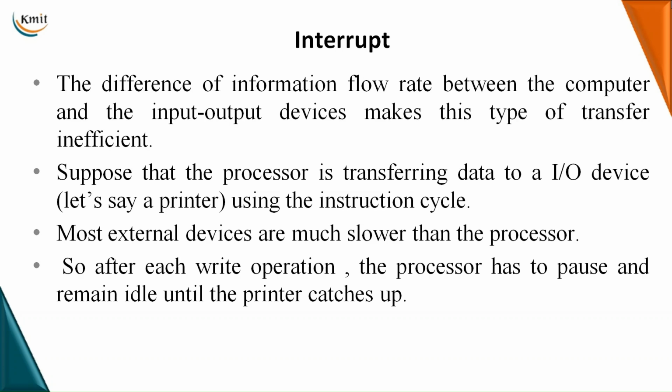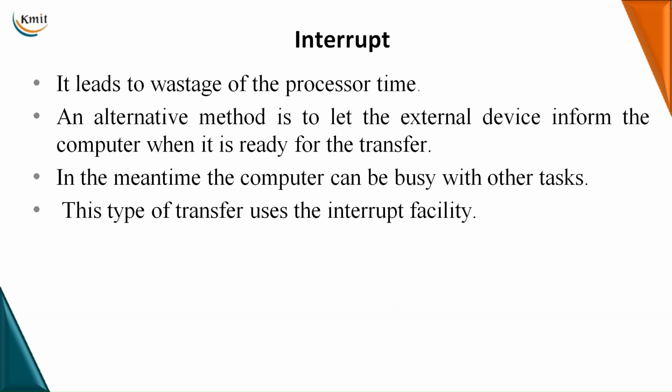At a time it can write only 8 bits of alphanumeric characters into the output register, and it takes a certain amount of time. The output device is very slow, so the processor has to wait until the information is transferred from the output register to the output device such as a printer. So it remains idle, which leads to a wastage of processor time.